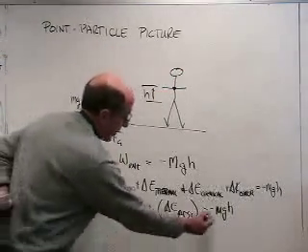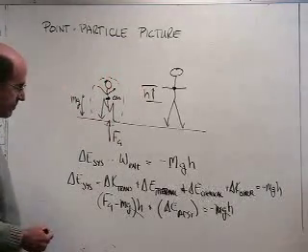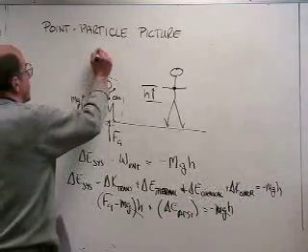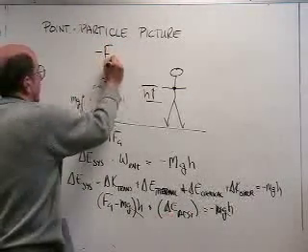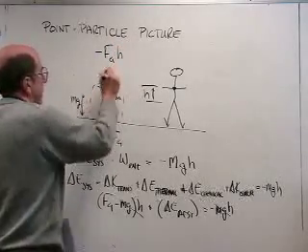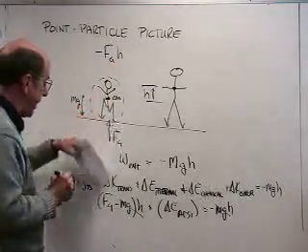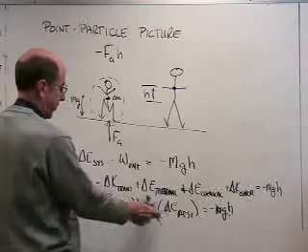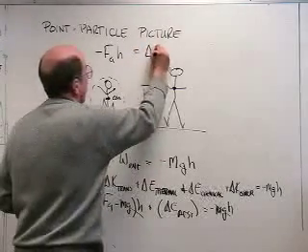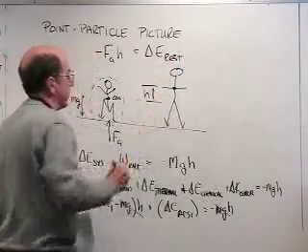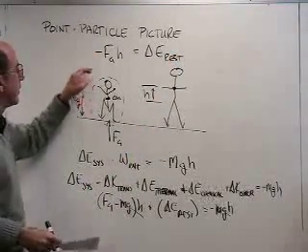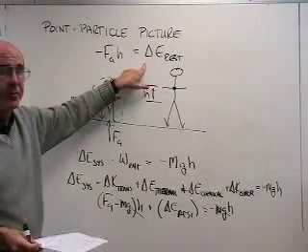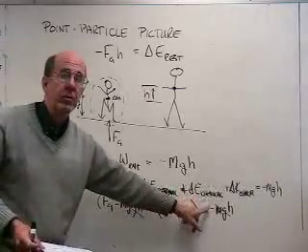Notice that this mgh is going to cancel out that mgh over there, and so what I find is that the force of the ground times the height that we raise the center of mass is equal to the change in the energy of the rest of the system. So this part here goes into all of the motion, the change in the thermal energy, all the things that we normally can't account for.